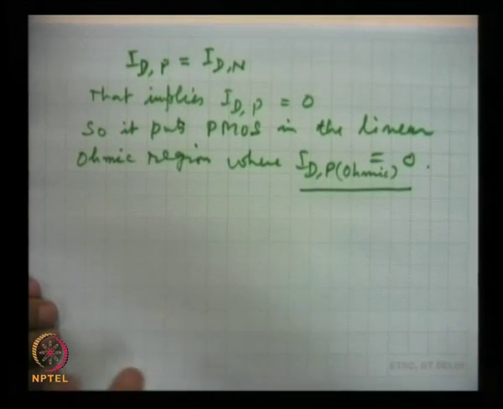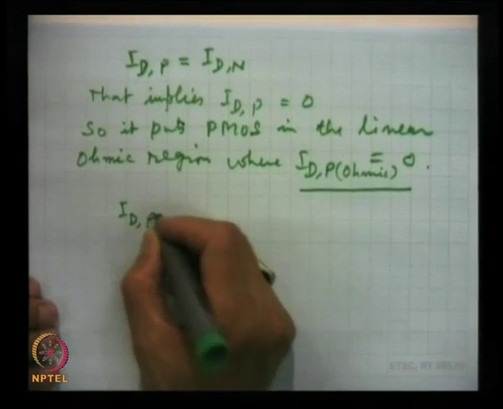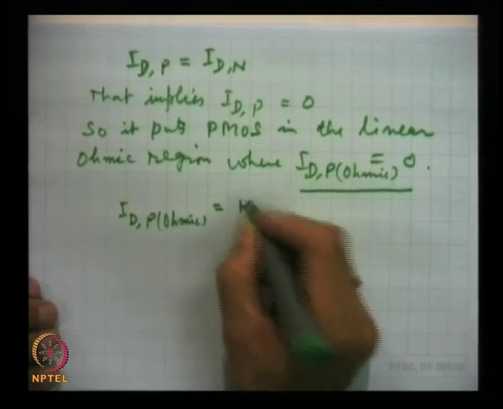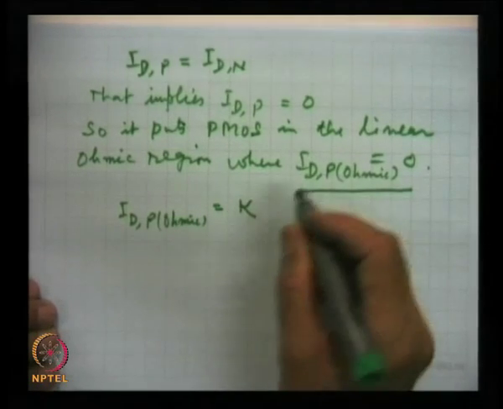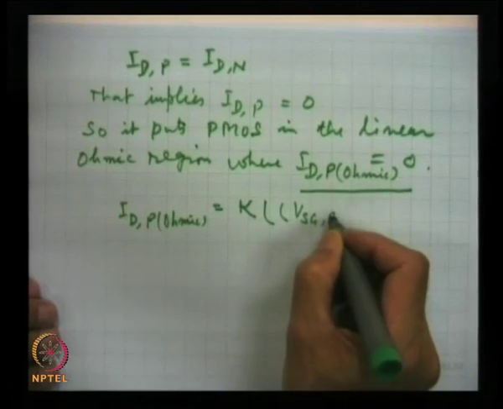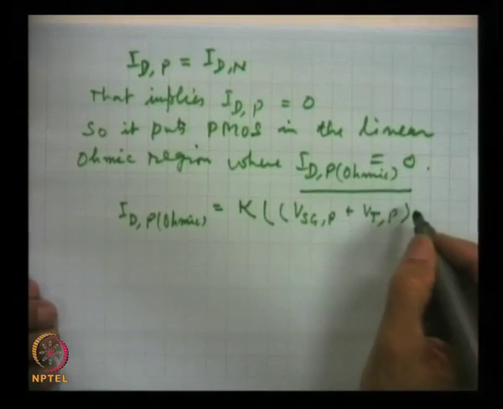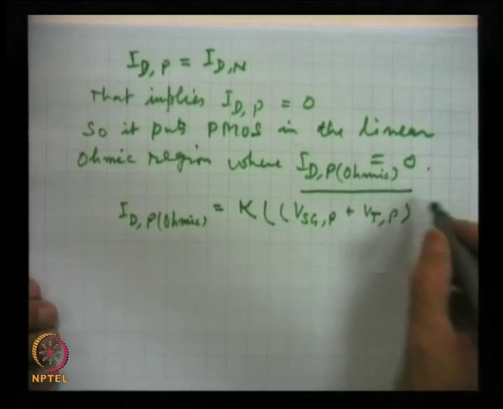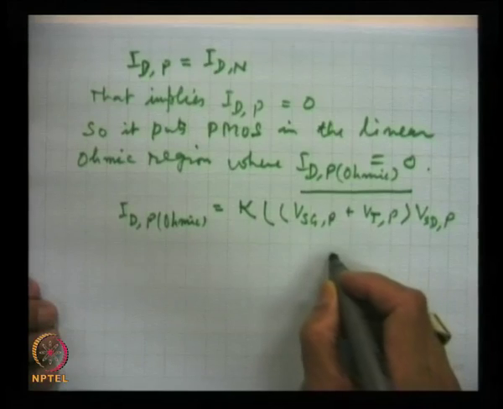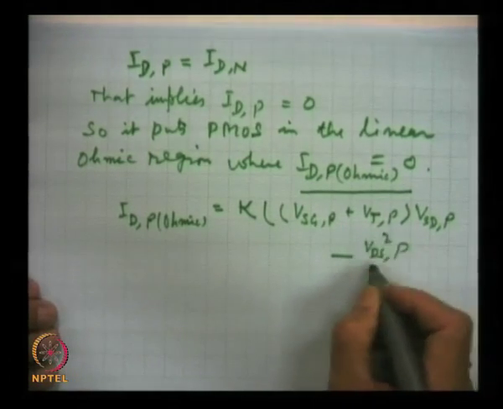So, that we use here. IDP ohmic is equal to K, the conductivity constant, times (VSGP plus VTP). Here proper sign of VT has been used, times VSDP minus VDSP square by 2.